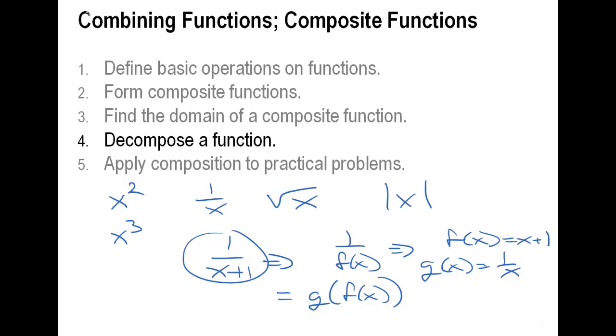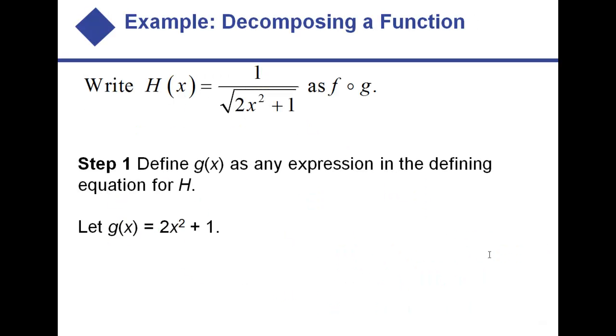Because the g function says take 1 and divide it by something. And if we do the g function evaluated at f of x, then that says, okay, take 1 and divide it by f of x, where f of x is this piece. So we now took this thing and we've written it as two separate functions. Let's look at another example.